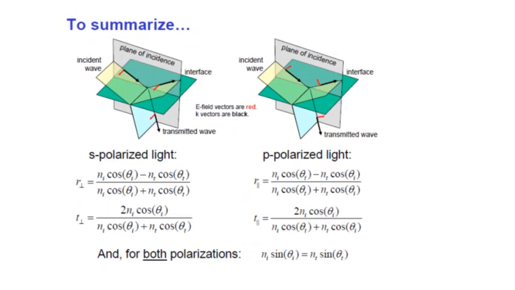Here we have summarized our results for s-polarized light and p-polarized light, and it is beautifully explained in the figures also: incident wave, reflected wave, and transmitted wave.